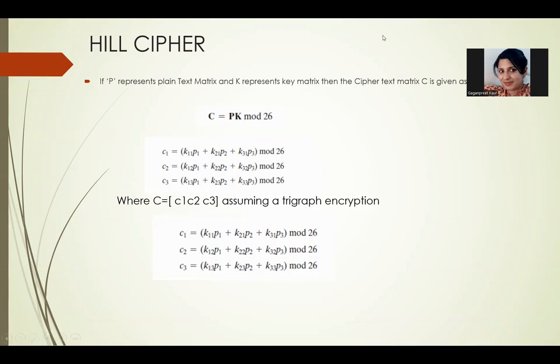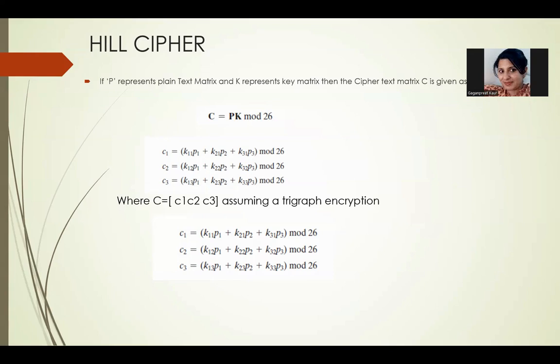We'll have a key matrix, and since it is a trigraph, it would be a 3 cross 3 matrix. The number of characters which we are grouping at a time, the same dimensions are used to generate the square key matrix to be used for the encryption.